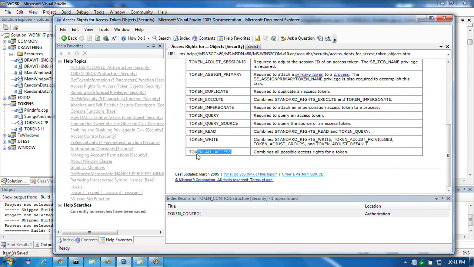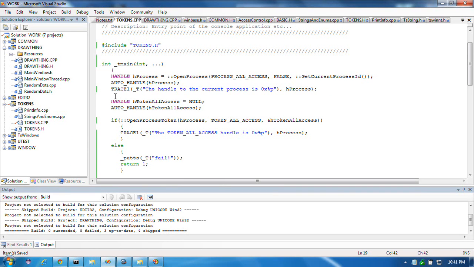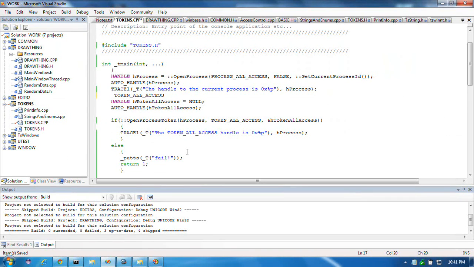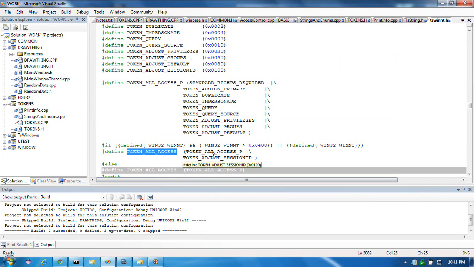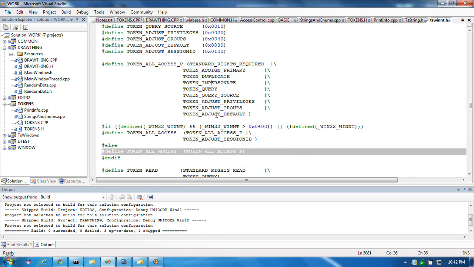I didn't find this out until just a few minutes ago, but token all access, if you look at the actual number defined, okay, that's TOKEN_ALL_ACCESS_P, which is all these: assign primary, duplicate, impersonate, adjust privilege.